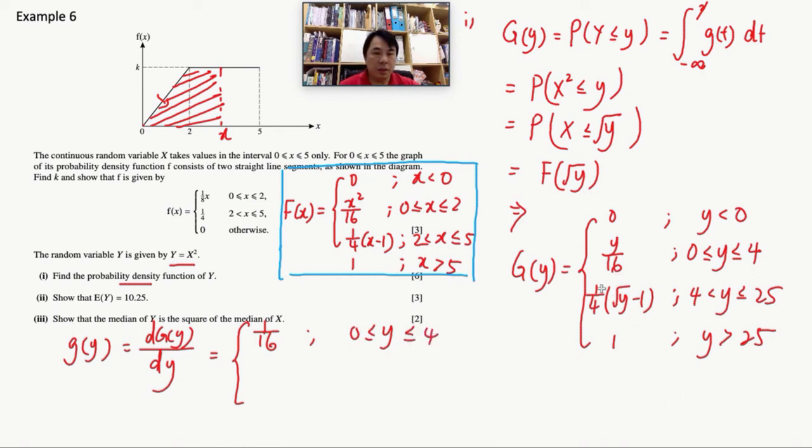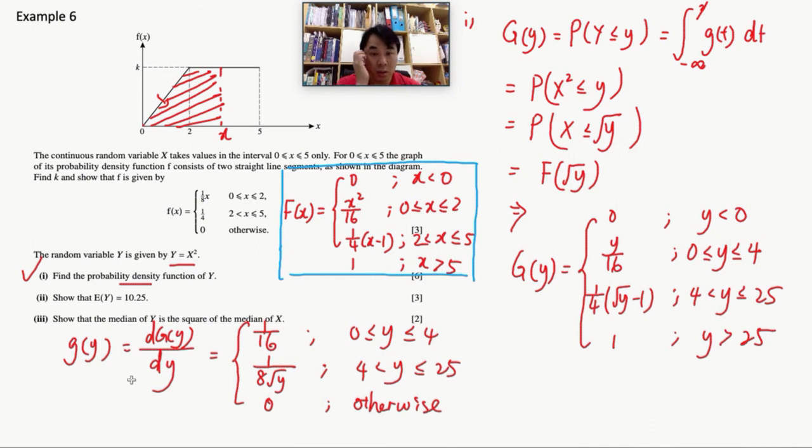And if you differentiate this, that is 1 over 8 square root of y, and that is meant for y greater than 4, less than or equal to 25. Of course, it will be 0 otherwise. Now we have completed section 1.